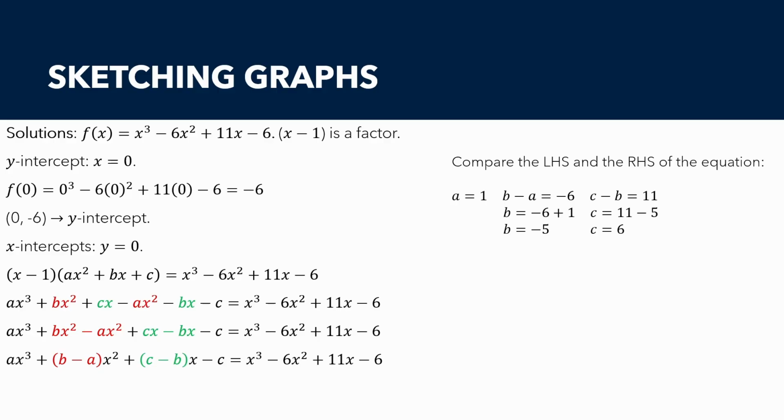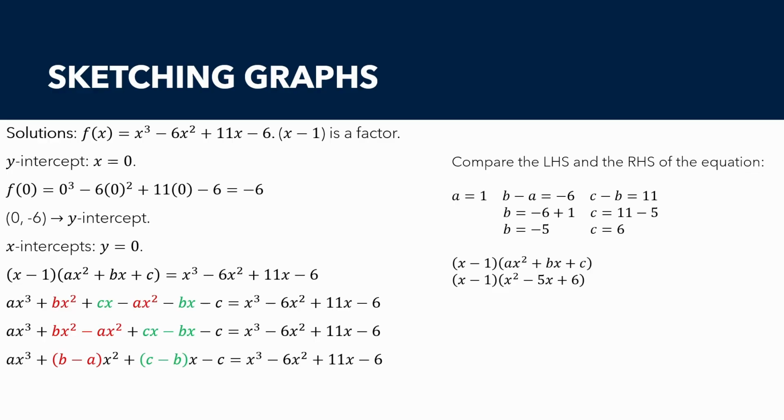Substituting that back into the equation, I get x minus 1 multiplied by ax squared plus bx plus c, and I'm going to substitute in the a, b, and c that I found. I get x minus 1 multiplied by x squared minus 5x plus 6. Now x minus 1 is already factorized, but x squared minus 5x plus 6, I also need to factorize.